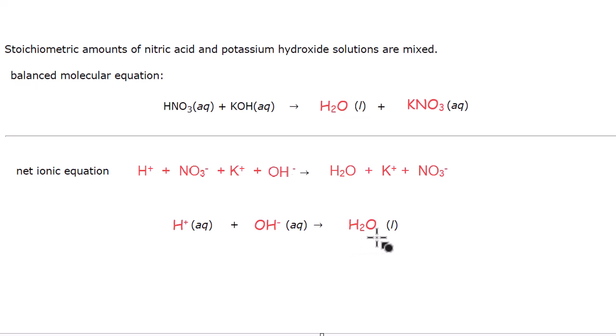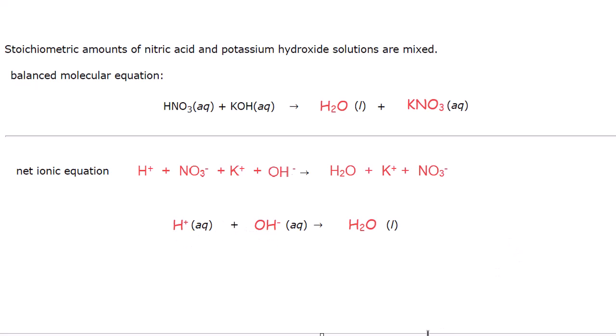And here we've got our water, which is a liquid of pure substance. These concentrations can change. Pure water will have its constant concentration, 55.5 molar. If you have a strong acid and a strong base, this is your answer for the net ionic reaction. I don't care if this was HCl, HI, HBr, HNO3. They're all going to end up making just water with the hydrogen ion and the hydroxide ion coming together.